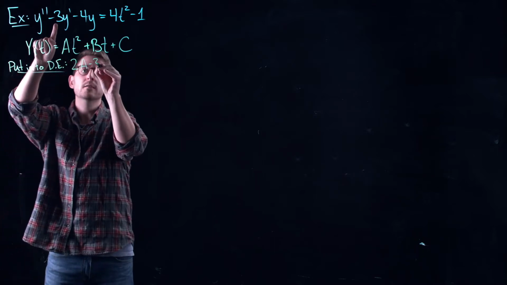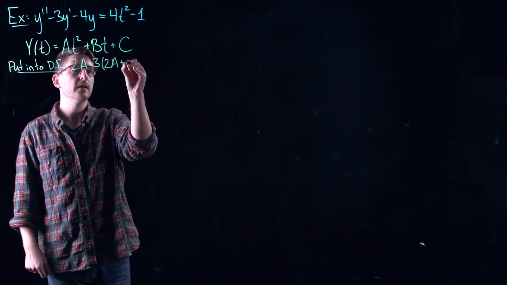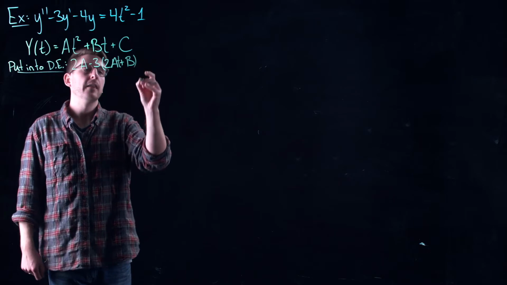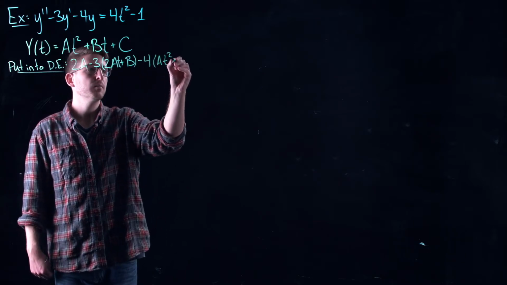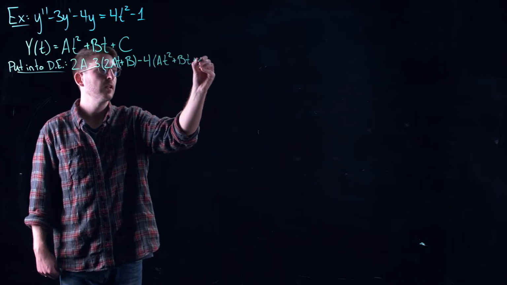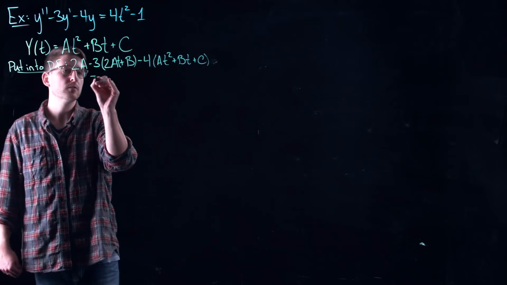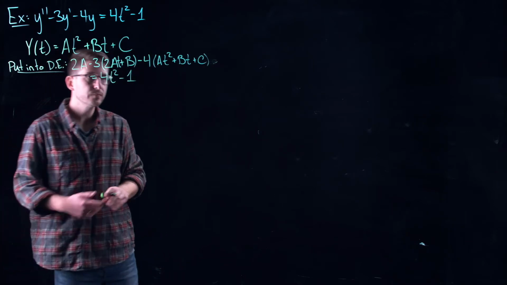And then minus 3 times the first derivative, which is 2at plus b, pardon me. And then the original thing, at squared plus bt plus c, is equal to, let's put it down here so we don't spill over too much, 4t squared minus 1.